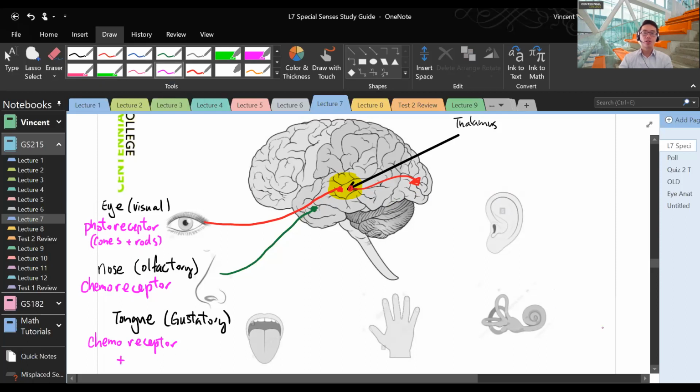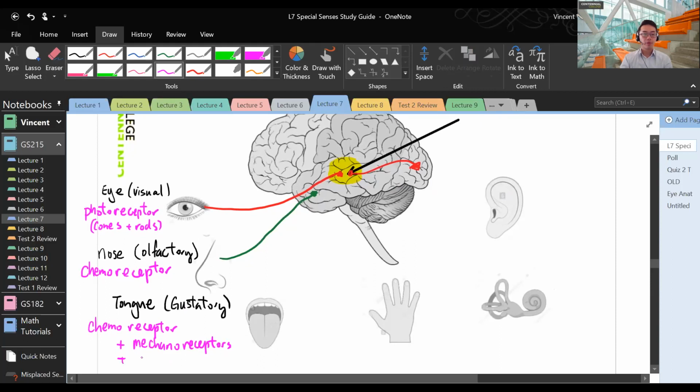But your tongue will also be able to detect things like the temperature of the food, texture of the food, and all that stuff. So there are going to be some mechanoreceptors, maybe, as well, and some thermoreceptors.